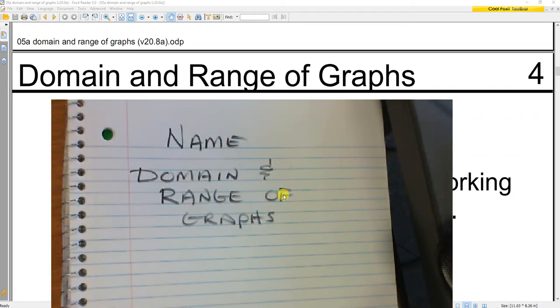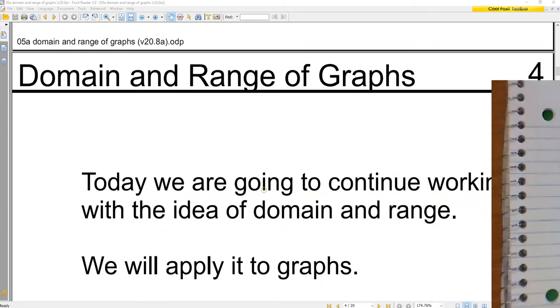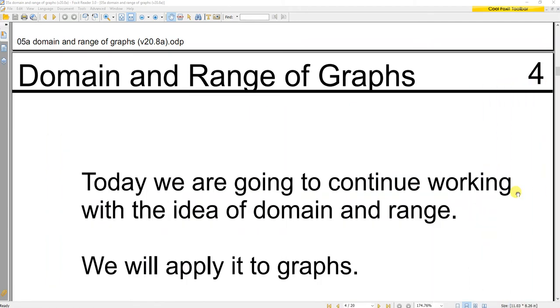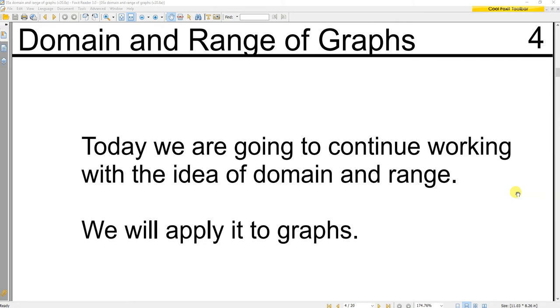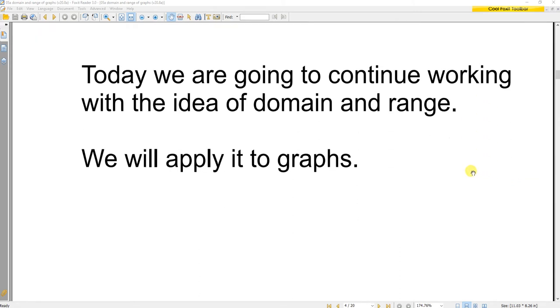We did domain and range a couple lessons ago, and we're going to keep working with that, and today we're going to apply it to graphs.